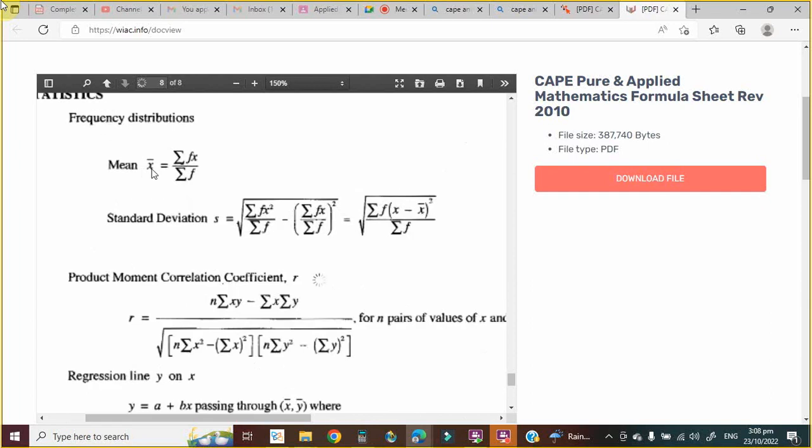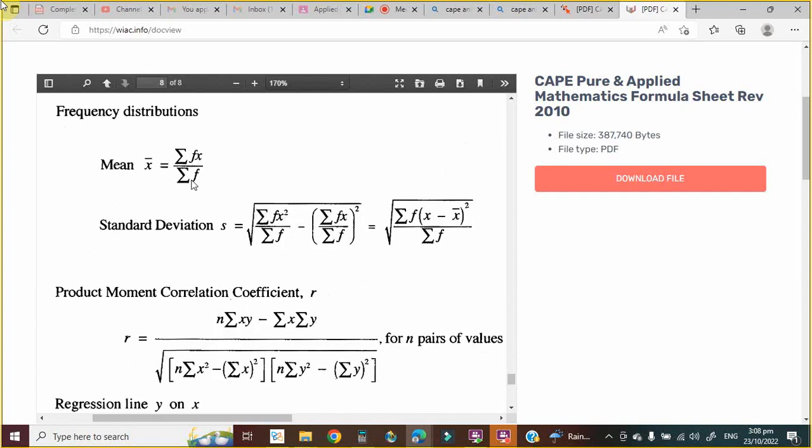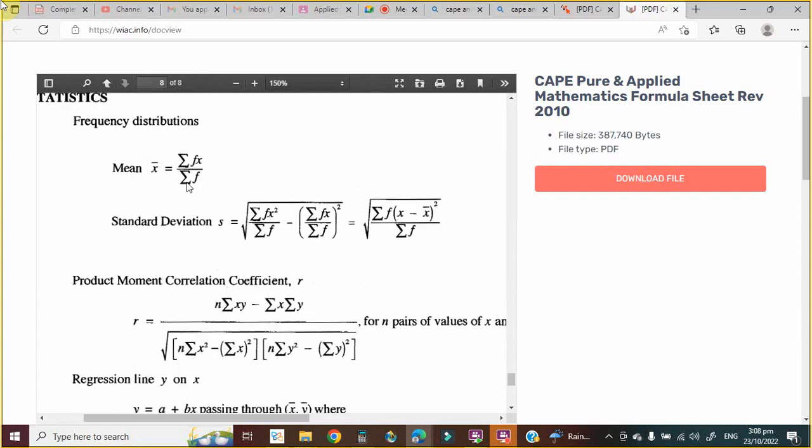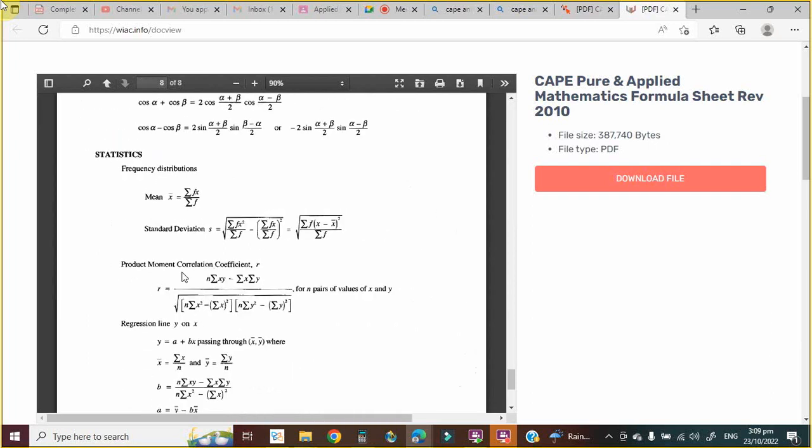Mean, they give us sum of fx over sum of f. See it, Aman, I really brought this out for Aman, so you don't have to remember it, we need to know it. Mean, sum of fx over n. Standard deviation, as we said, the square root of the sum of f in brackets, xi minus x bar squared over n, and n is the sum of f. We're going to learn product moment correlation coefficient, don't worry.